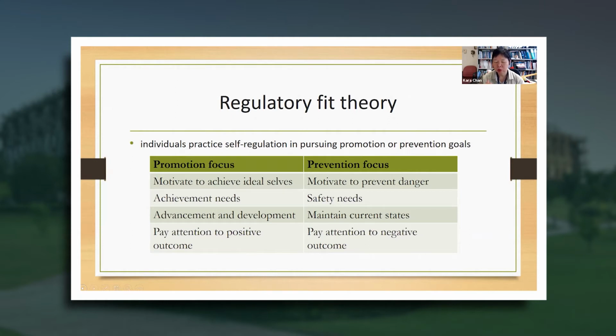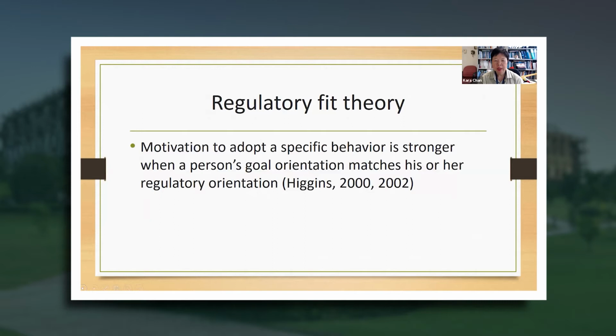That means I don't want those negative things to happen to me, so I try to avoid them. Higgins states that your motivation or your self-regulation will try to resonate with the message. If the message you receive resonates with your regulatory orientation, it will create a better result.